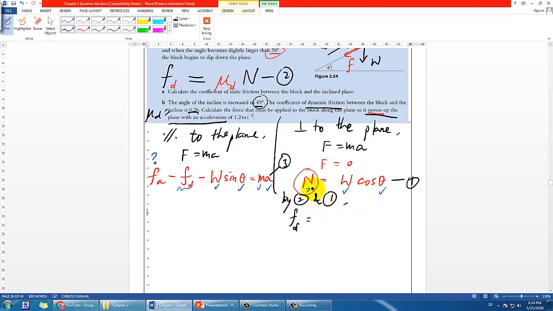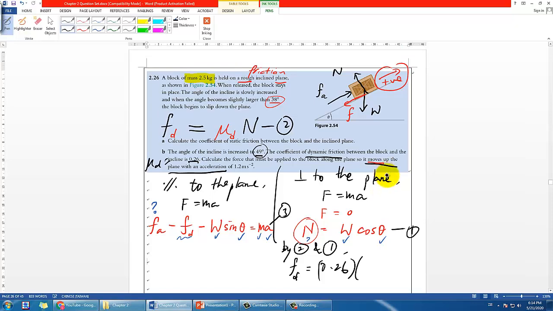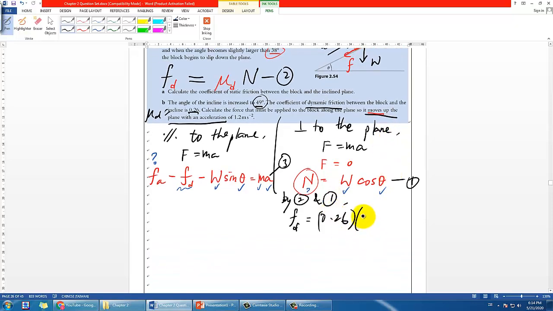Then Fd will equal the mu, which is 0.26 from the question, and then N is W cosine theta. So W is mg, which is 2.5 times 10, and then cosine theta now is 49 degrees. So at the end you should be able to find the answer by calculator, and that is 4.26438 something Newton.